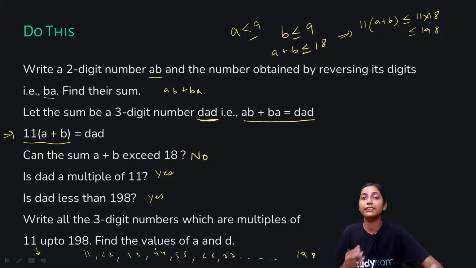This part I am leaving to you because I have done all the other parts. You can take hints from here and fully write all the other multiples of 11 up to 198, that is, after 88, 99 and then after 99, you will get your other multiples of 11 up to 198.